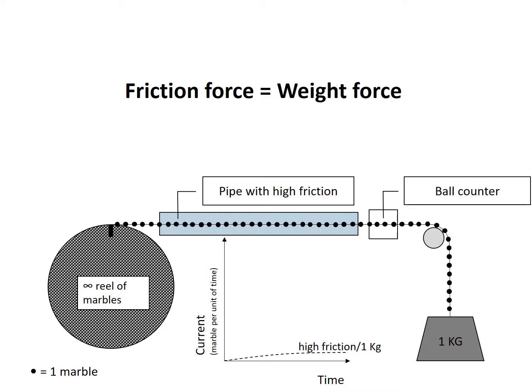Now, let's focus on the high friction case and see what happens if we increase the weight, for example, to 2.5 kg. We guess easily, by logic, that because we increase the weight, getting again the equilibrium between the friction force and the weight force, it's reached at a higher current. And of course, same thing if we increase the weight to 5 kg, for example.